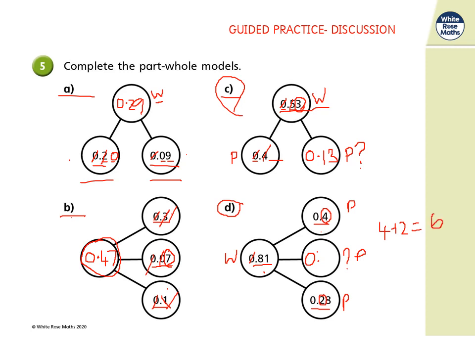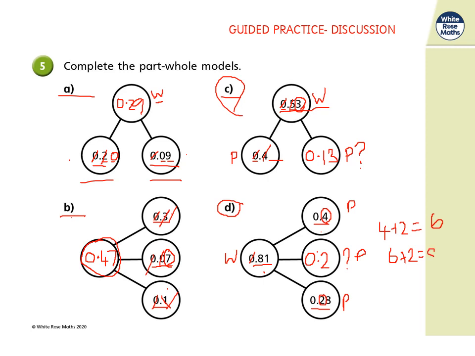So I have 6 tenths, but my whole says I need 8 tenths. So I need to be working out the difference between 8 and 6. So 8 subtract 6 will give me the answer of 2. Well done. So I actually need 2 tenths because I know 6 add 2 equals 8.